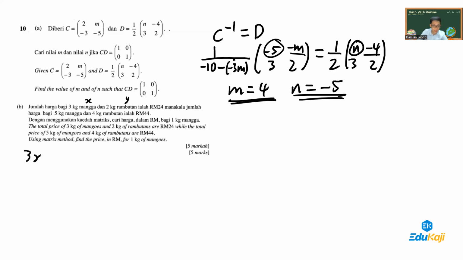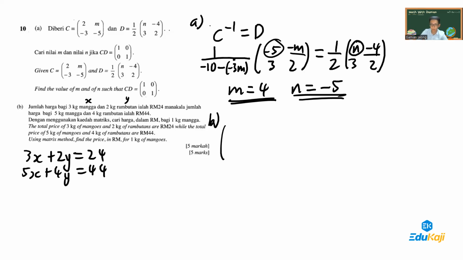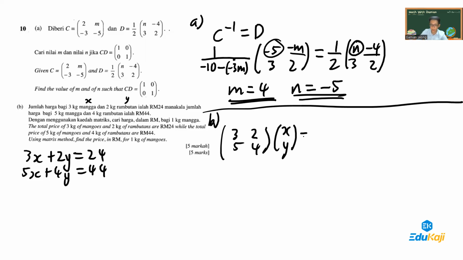So 3x plus 2y equals 24, 5x plus 4y equals 44. That's 2 equations. If I put in matrix form, just follow the numbers: 3254 times xy equals 2444.